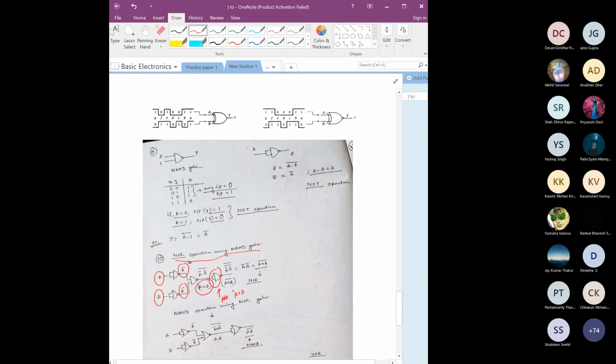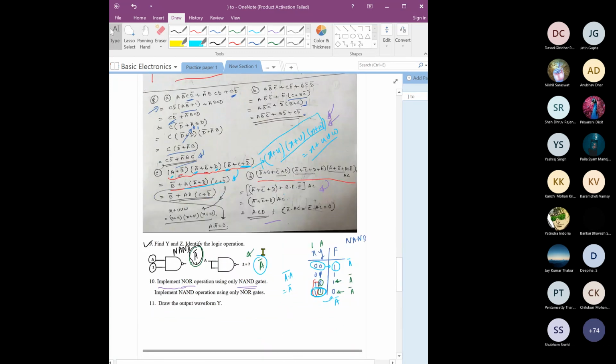Right. So it will become A plus B invert, so that will give you A bar dot B bar. Can I write A bar dot B bar? So is this correct? Fine, right?